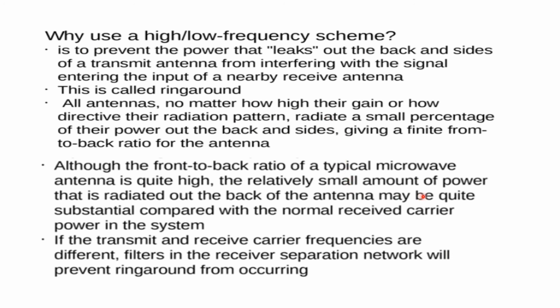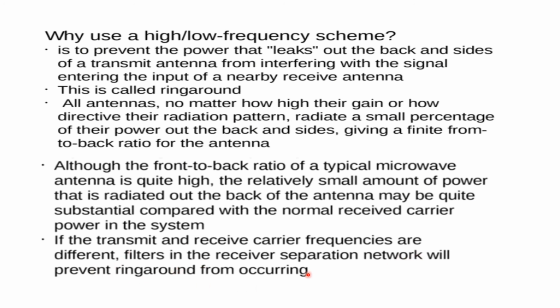A small amount of power can be radiated out from the back of the antenna, which may be quite substantial compared with the normal received carrier power in a system. So if the transmit and receive carrier frequencies are different, like we have seen in the high-low microwave system, then the filters in the receiver separation network will prevent ring around from occurring.